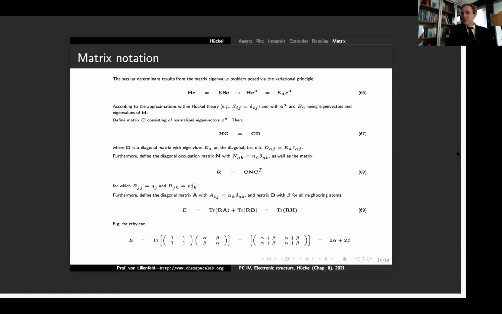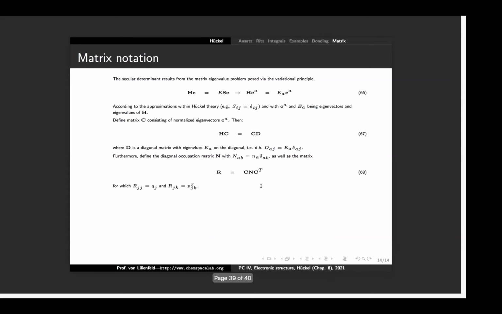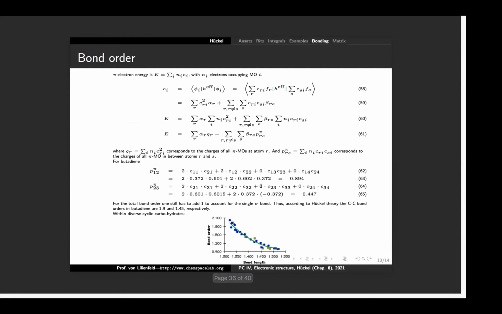Is there any question at this point in time? Yeah, I do have a question actually. Could you go back, I think the last slide before matrix notation? This one? Yes, yeah. I think I don't find the connection between the coefficients and the charges on the bonds.